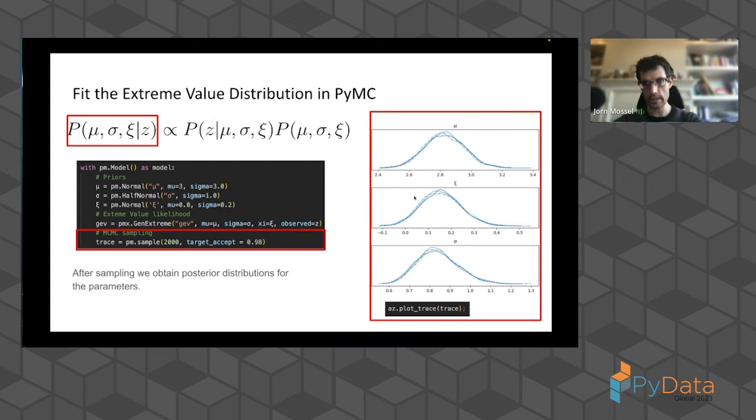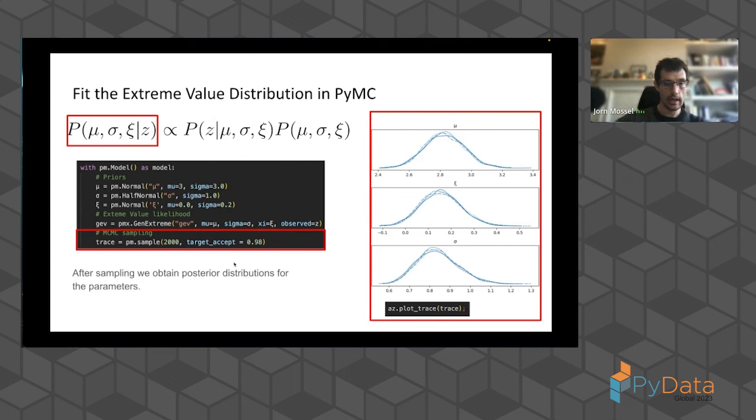As you can see, mu is around 2.8, but it varies roughly between 2.6 and 3. That tells you that since we had limited data, we don't have a very precise estimate of what mu is, but by looking at the entire distribution, we know the uncertainty. Similar for the other two.